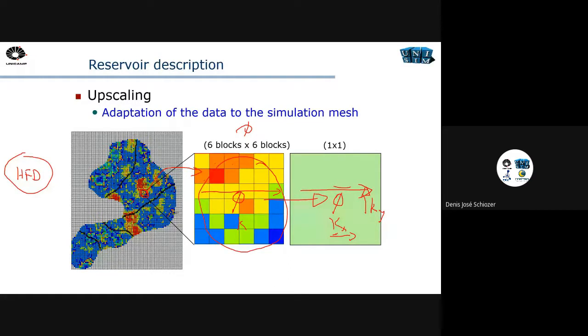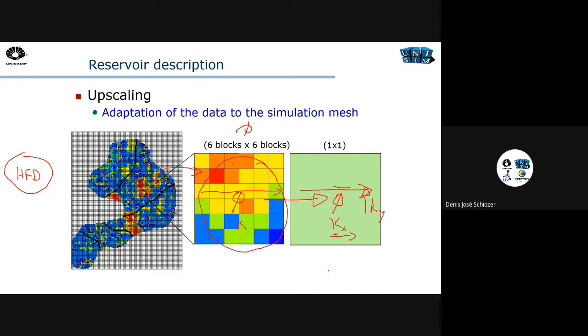As you may guess at this point, the flow in this block will be an approximation of the other. And we have to use special techniques in order to mitigate these problems, okay? So the upscaling techniques are very important for us to build models that are reliable, okay?